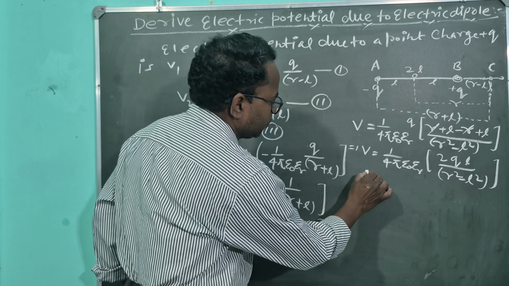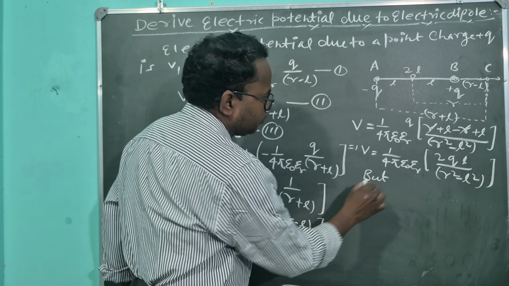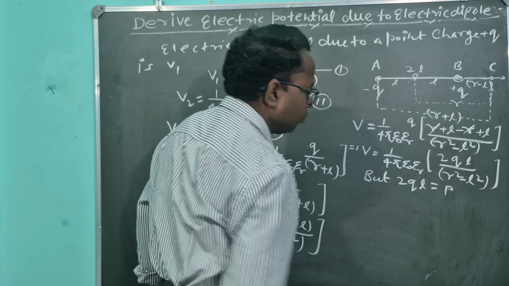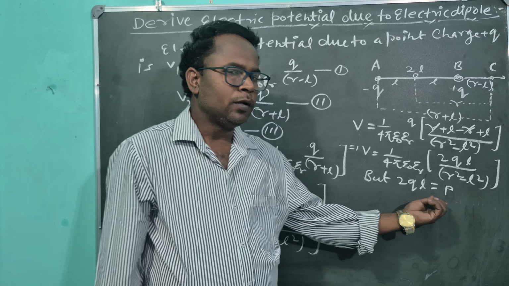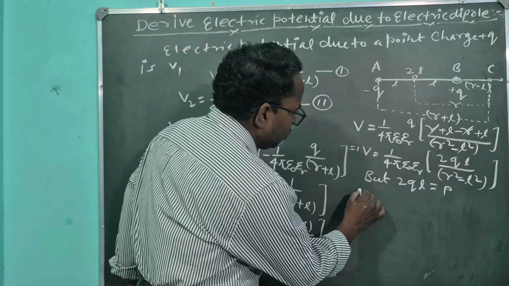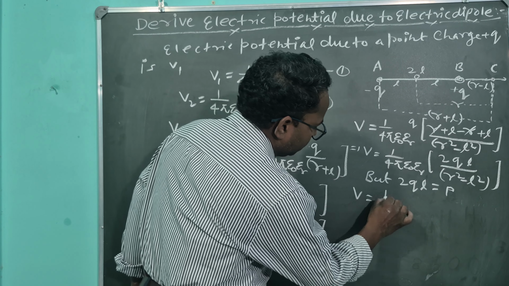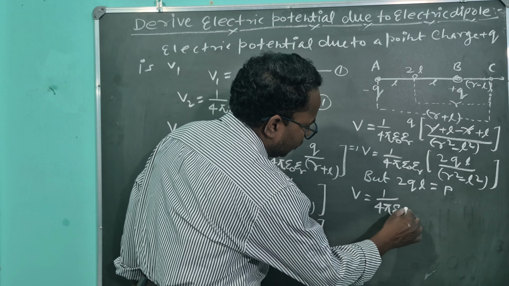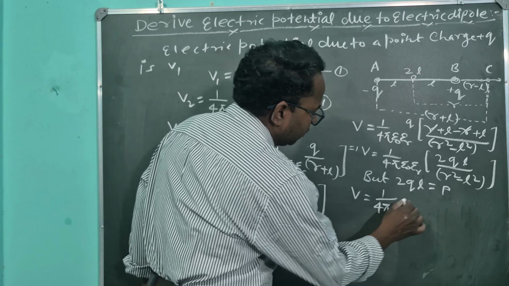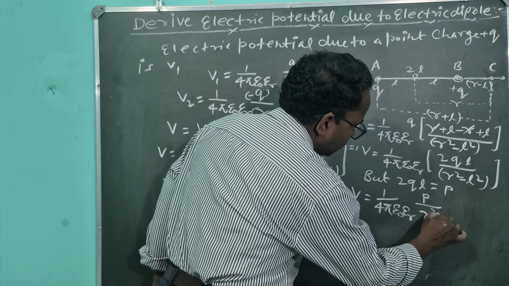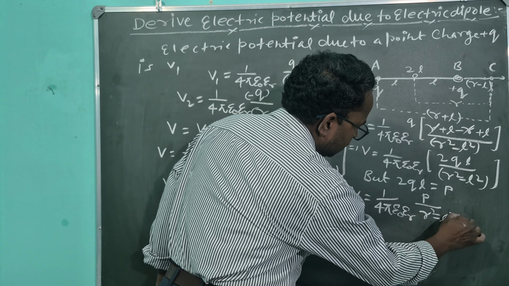But 2QL is equal to P, which is called the electric dipole moment. So V is equal to 1 upon 4 pi epsilon naught epsilon r, P upon R square minus L square.